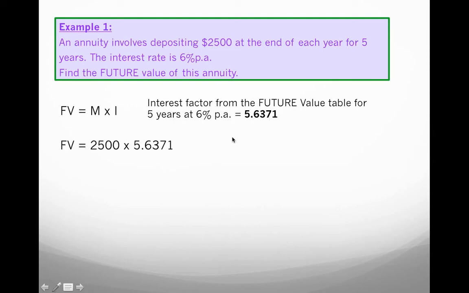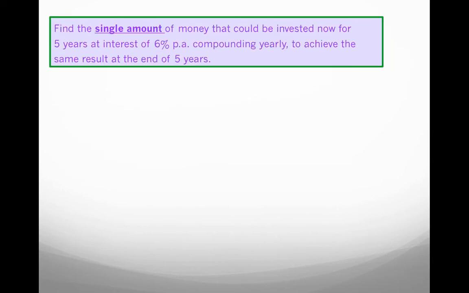We substitute that into the formula. So the regular payment is $2,500 times the interest factor. Gives a future value of $14,092.75.